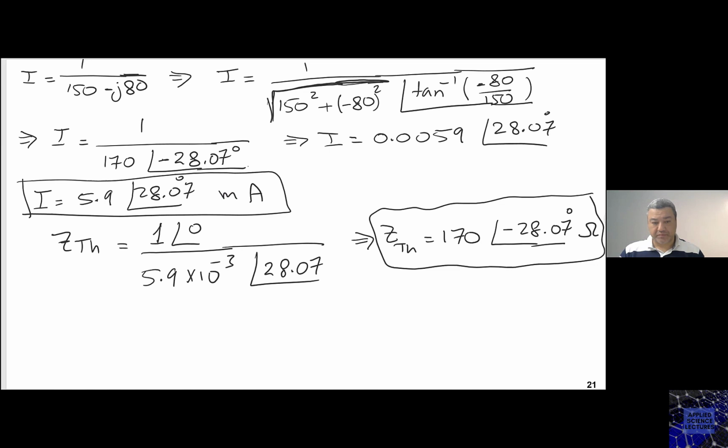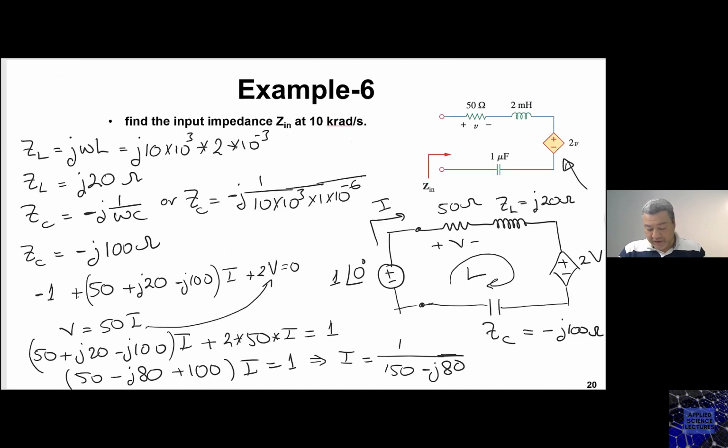Where did you get the 1 volt? Okay, so the 1 volt is the voltage that I have hooked up. And don't forget that since here I'm dealing with AC steady state analysis, this voltage source that I hooked up to that circuit has to be a phasor as well.